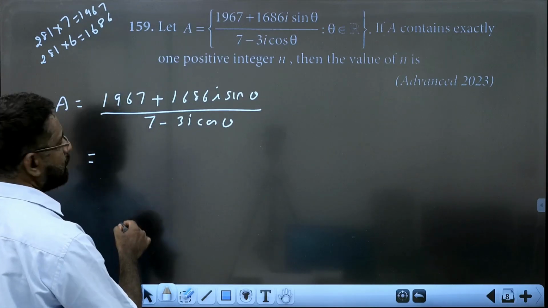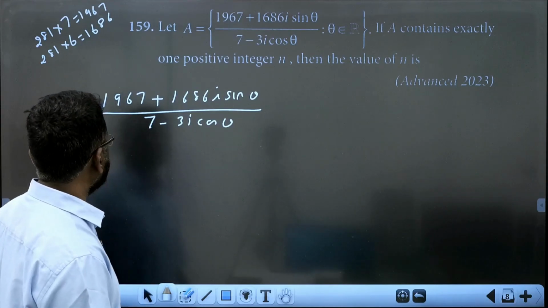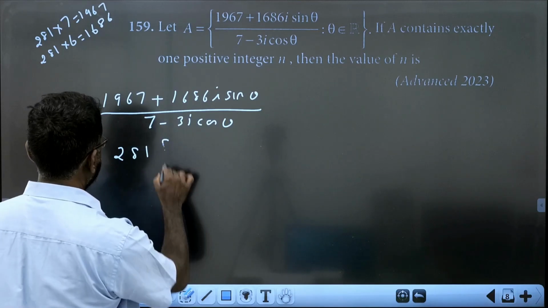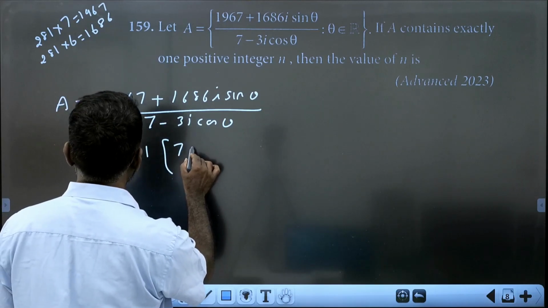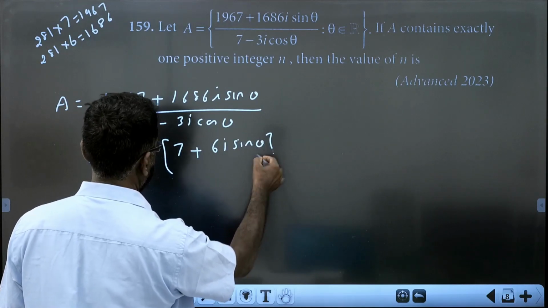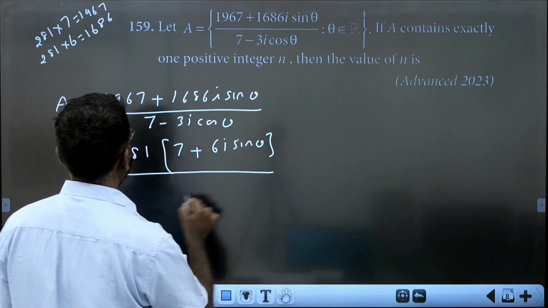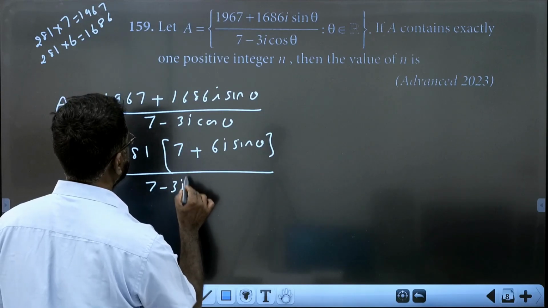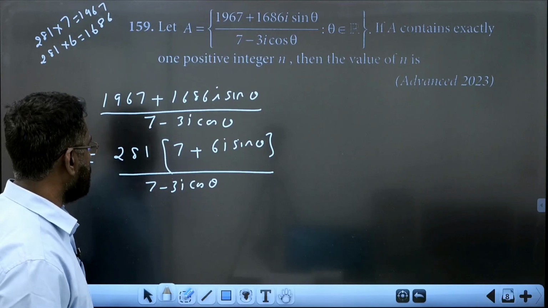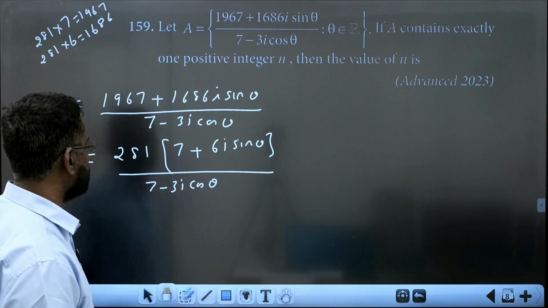So A is equal to 281 into (7 plus 6i sin theta) divided by (7 minus 3i cos theta).